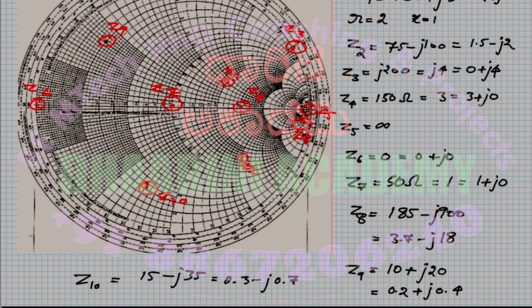Okay, so far, this is how the points are supposed to be marked by using the constant X and constant R circles. Okay, so in the upcoming session, we will try to use the gamma values as well to first find out the various parameters, like the voltage standing wave ratio, and what the various parameters of the line should be.